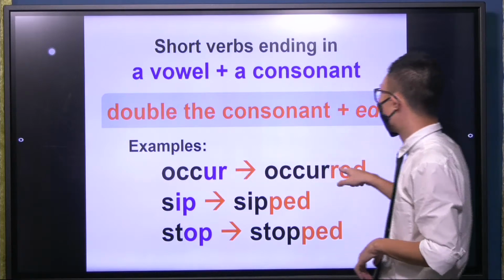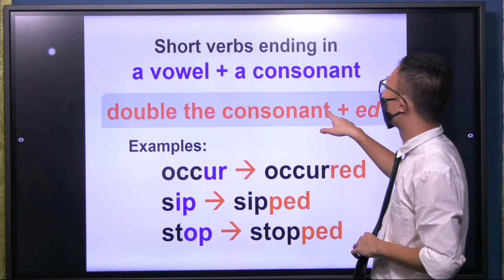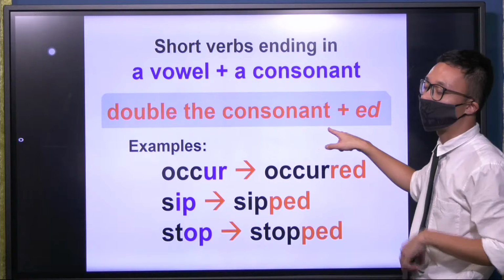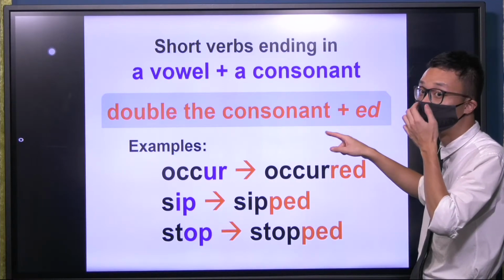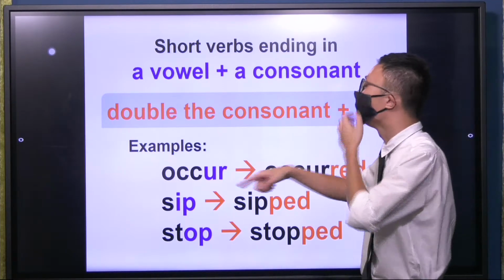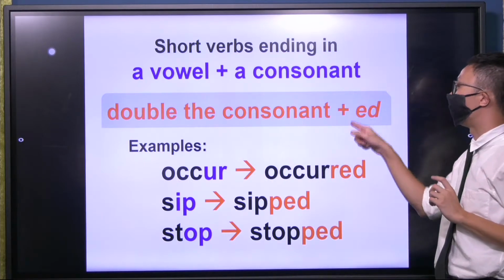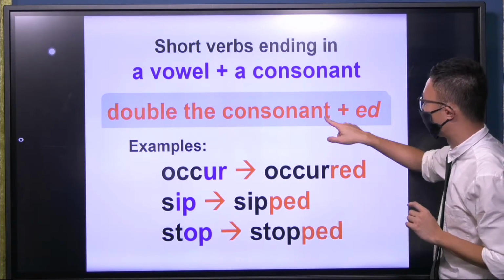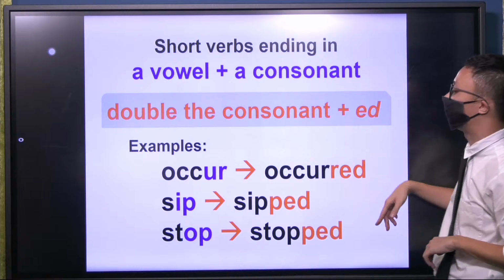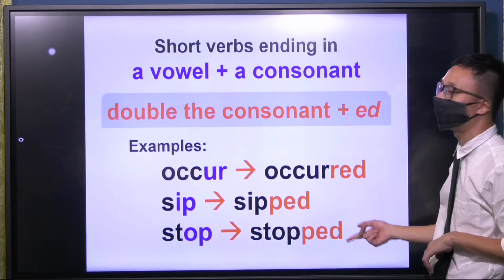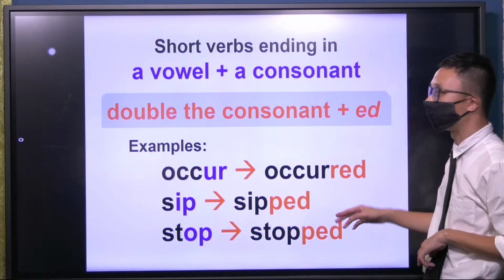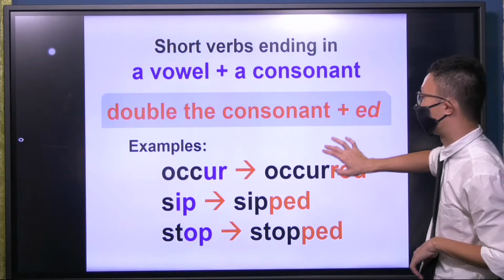Consonant, you should learn it in your phonics book. Consonant means letters that are not A, E, I, O, U, right? Then I will double the consonant and add ed, but this is an odd one. Just try to remember it when you see it. You don't have to memorize it the hard way, alright?